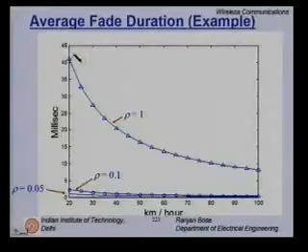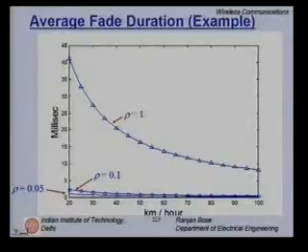Now, on the y axis is the duration of fade in milliseconds. As you can see, let us follow the first curve. As you increase the vehicular speed, the average duration of fade decreases. It is an interesting phenomenon.